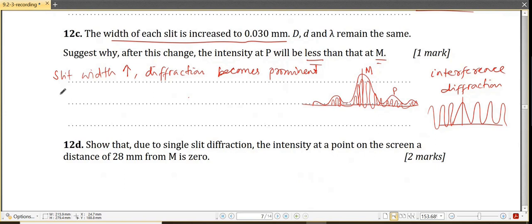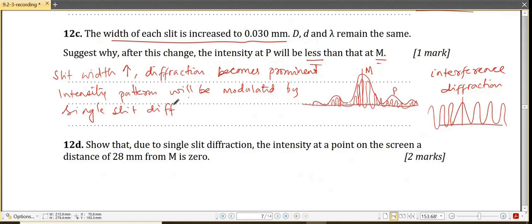So what happens? The intensity pattern will be modulated by single slit diffraction, making intensity less.